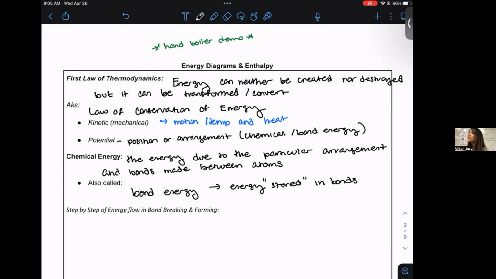So when we think about energy transformation in a chemical process in general, okay, let's go back to chemical processes, new substance making.